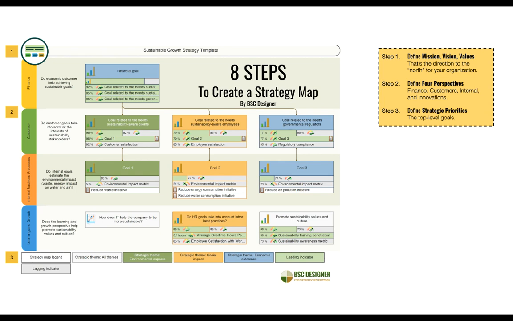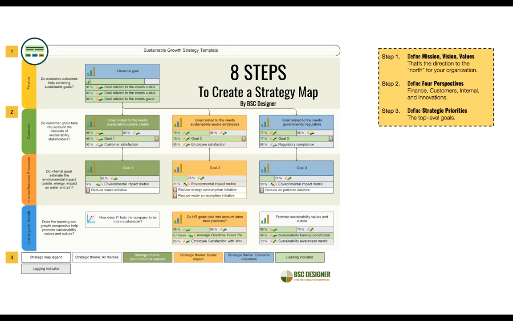So if you do these experiments, you will find that these 4 perspectives are actually a kind of universal structure that will help to map any strategy of any organization.